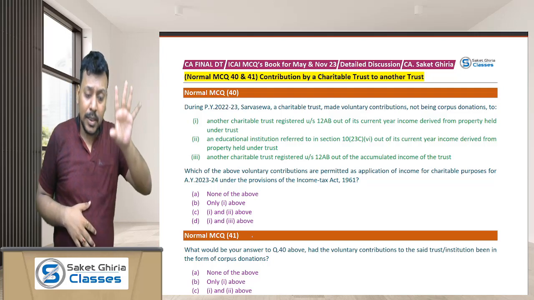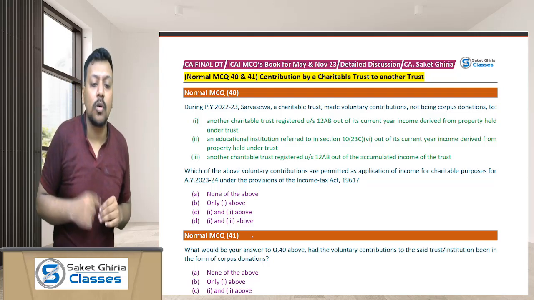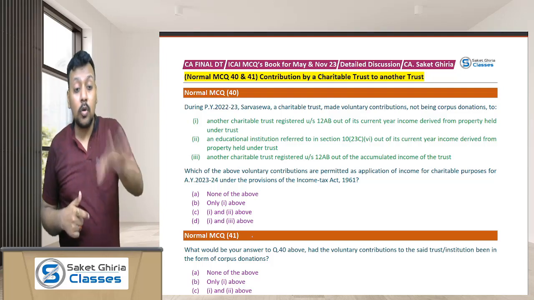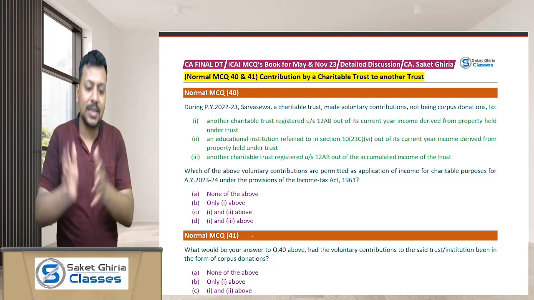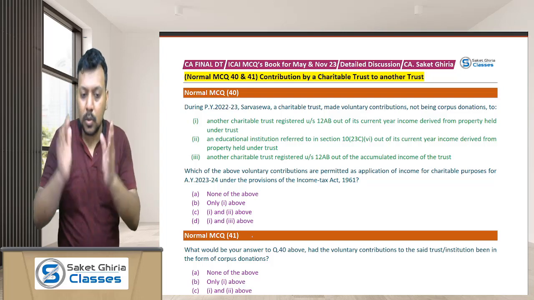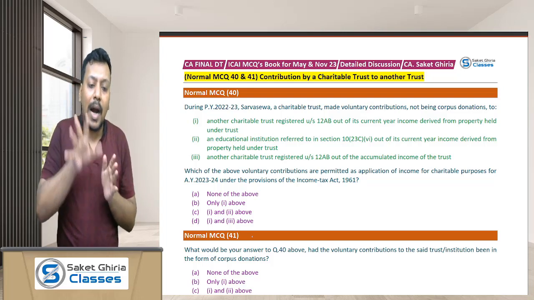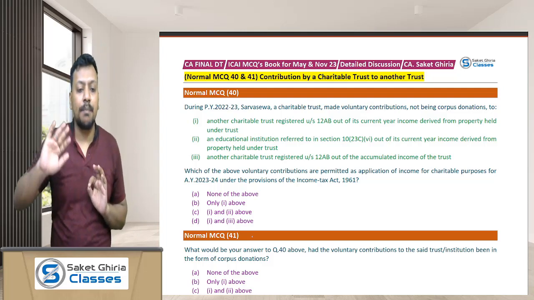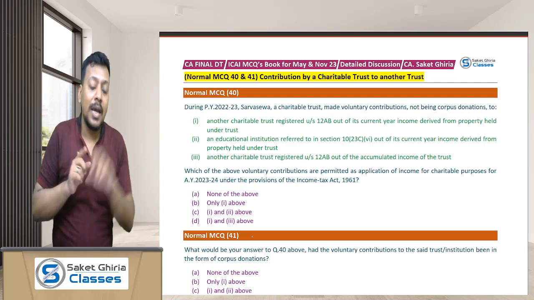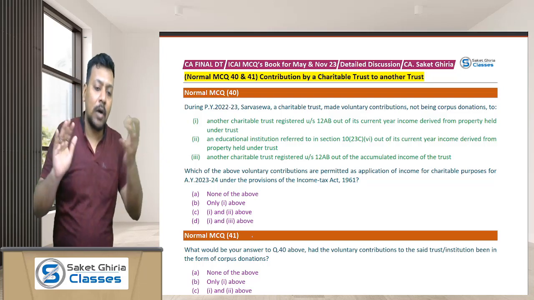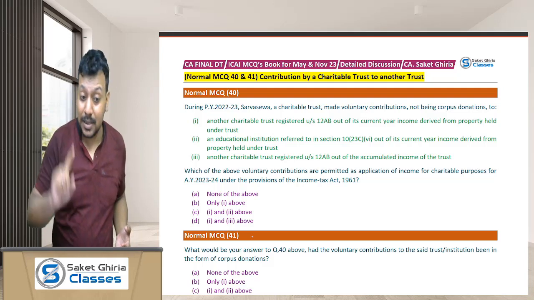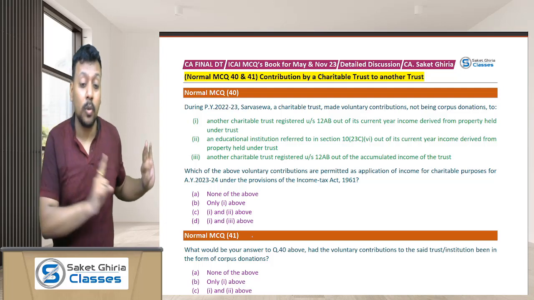Sir, if the donor trust has made a contribution out of its current income, but for the purpose other than corpus donation of the recipient trust, it would be considered as an application for the donor trust. Sir, if the donor trust has made the contribution out of its accumulated income, for the purpose of either corpus or another, as the contribution is out of the accumulated income, whatever may be the purpose of making the donation, application is not allowed in the hands of the donor trust.